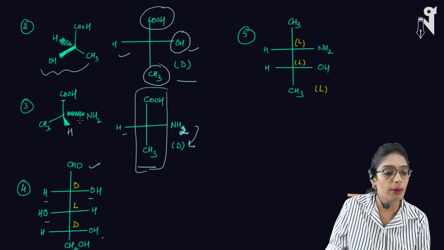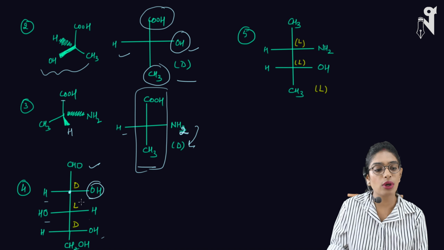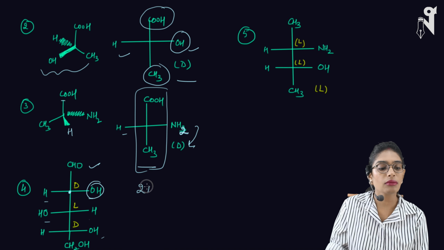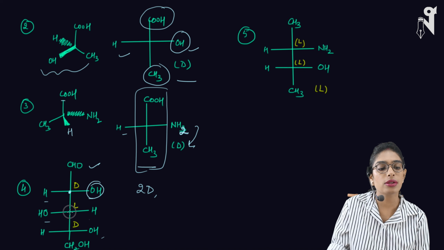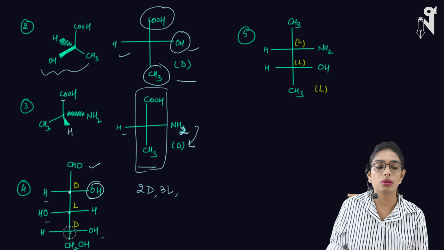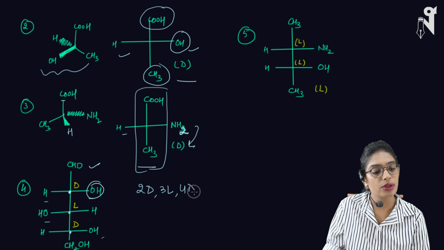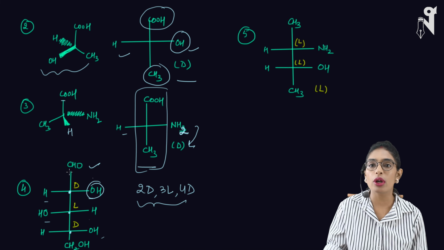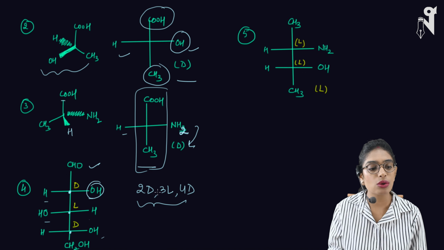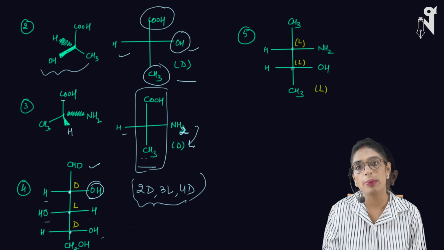For the second carbon, the configuration is D because OH is on the right, so I will write 2D, comma, the third one is L, so it is 3L, and the fourth one is also D, hence 4D. So this is the configuration, whatever the name of this molecule would be, that we will be writing, and this is the configuration for those chiral carbons where you have OH and hydrogens placed.